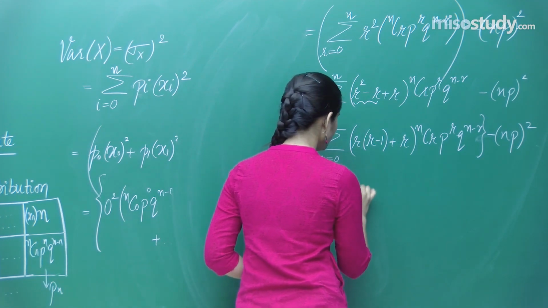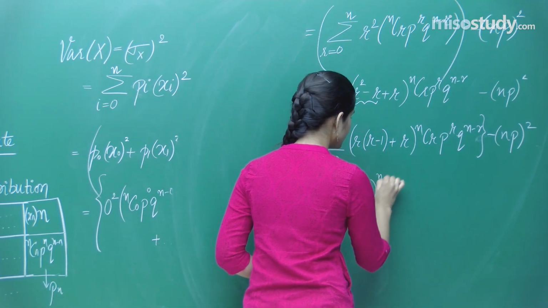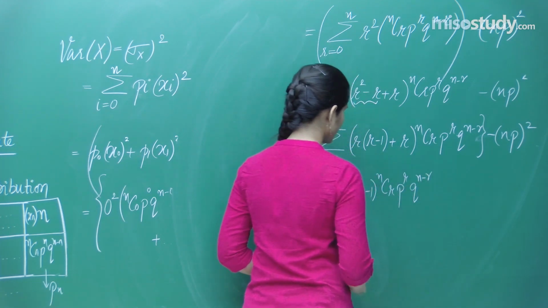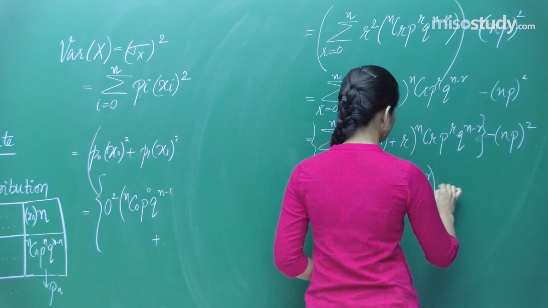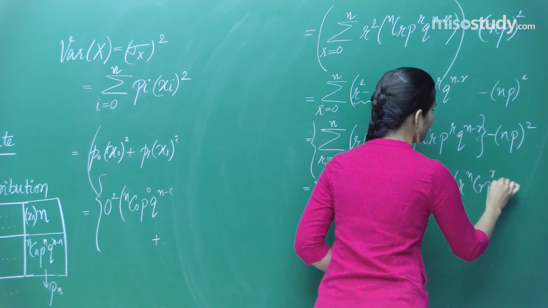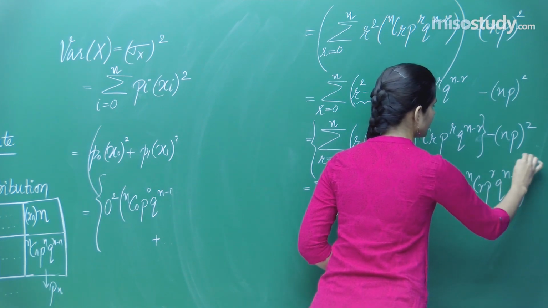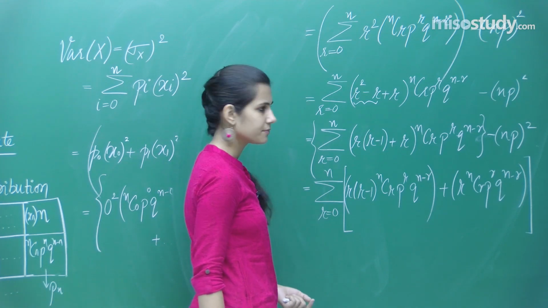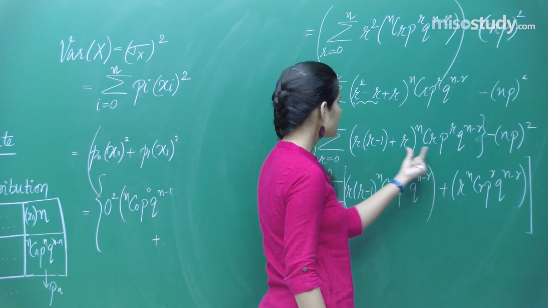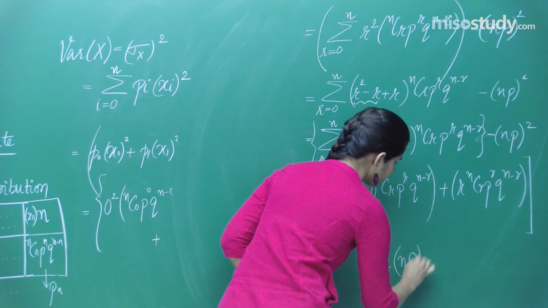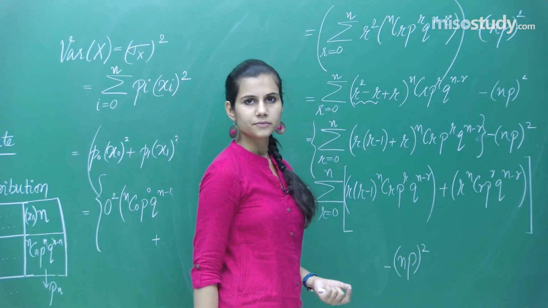You get r into r minus 1 times ncr p to the power r q to the power n minus r, plus r times ncr p to the power r q to the power n minus r. This complete thing is inside the summation, r minus 1 times this plus r times this, minus np square let alone.